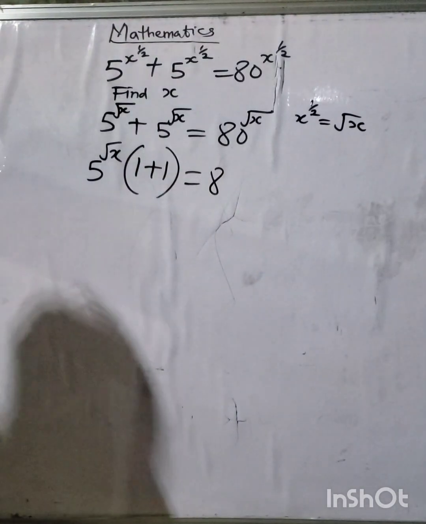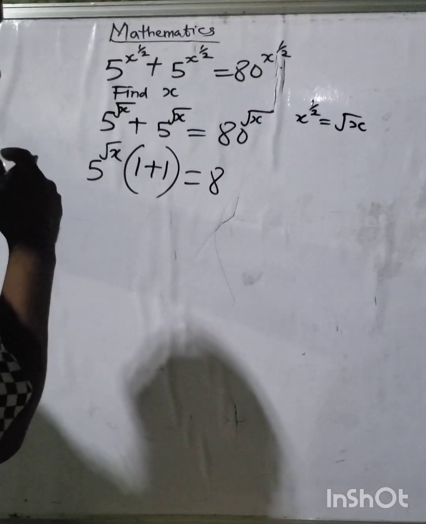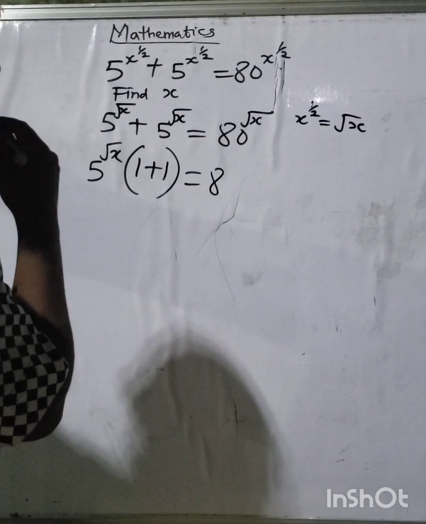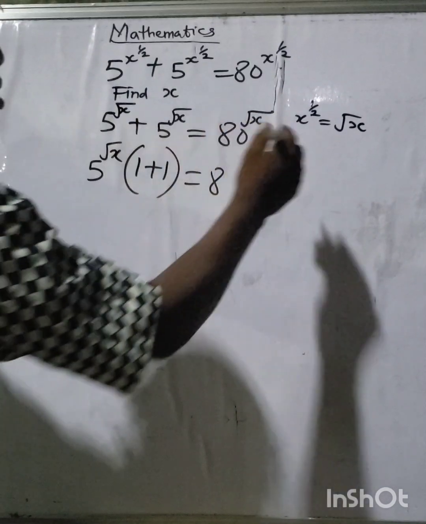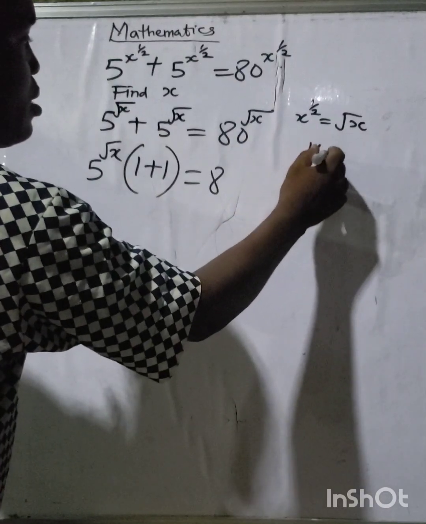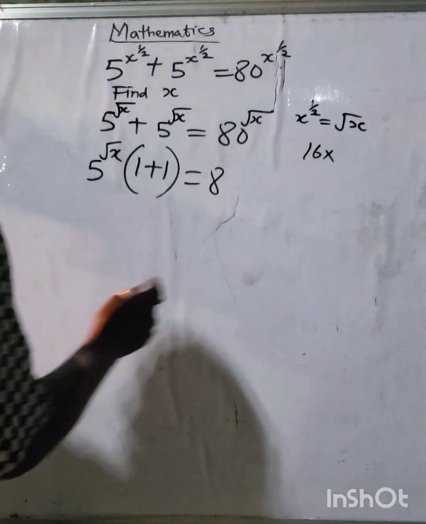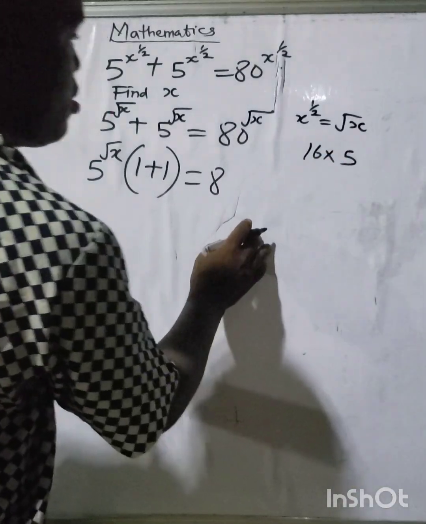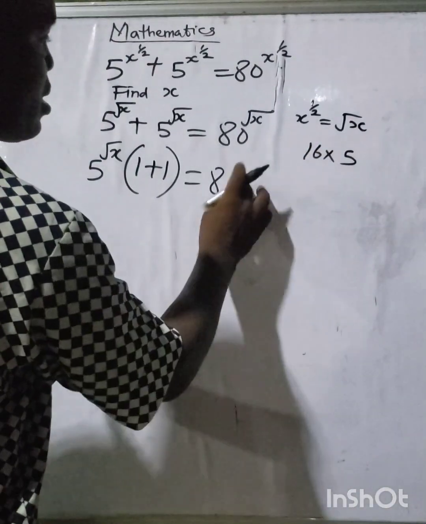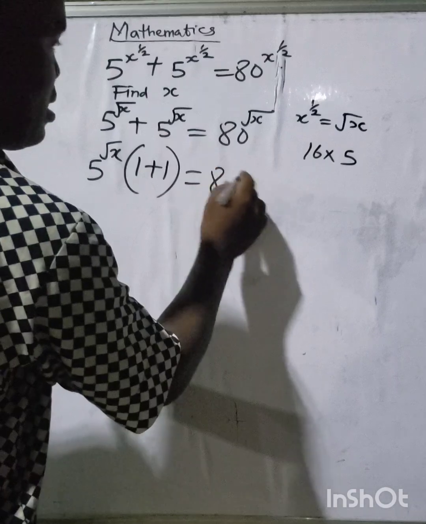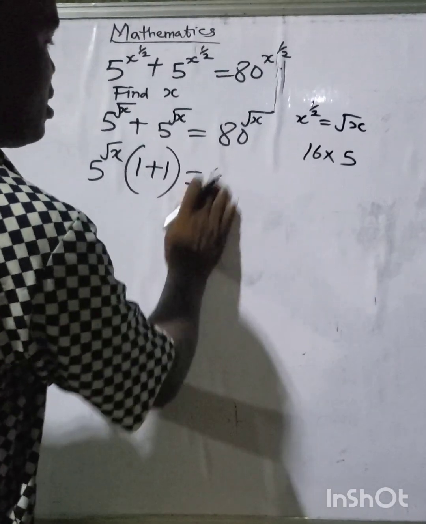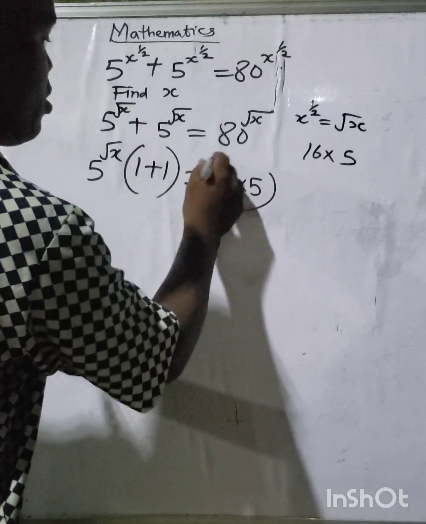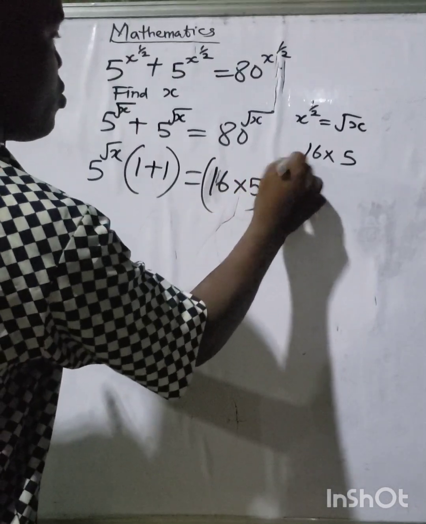Now, this 80 can also be written as 16 times 5. 5 times 6 is 30, and 5 times 1. Yes, it can be written as 16 times 5 raised to power √s.